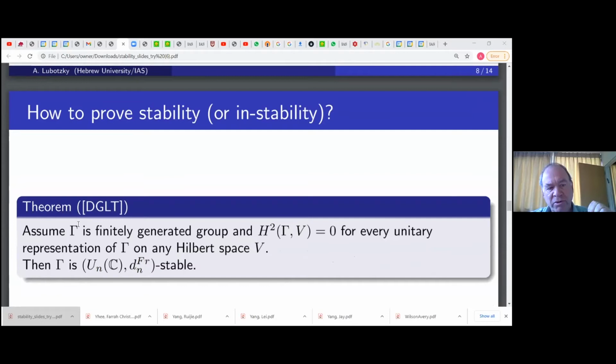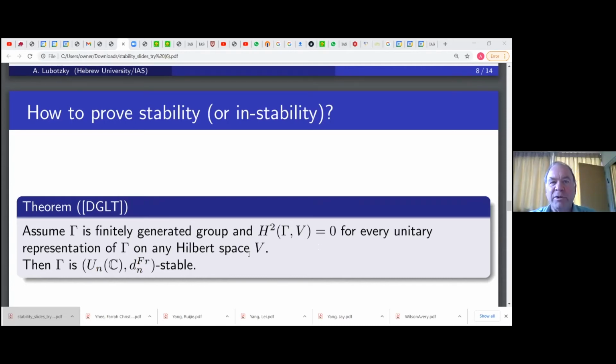And here is the theorem. Assume gamma is finitely generated, and assume that H2, the second cohomology group of gamma with coefficients in V, is always equal to 0 for every unitary representation of gamma on any Hilbert space V. I guess you wonder where H2 comes into the game, where cohomology comes into the game.